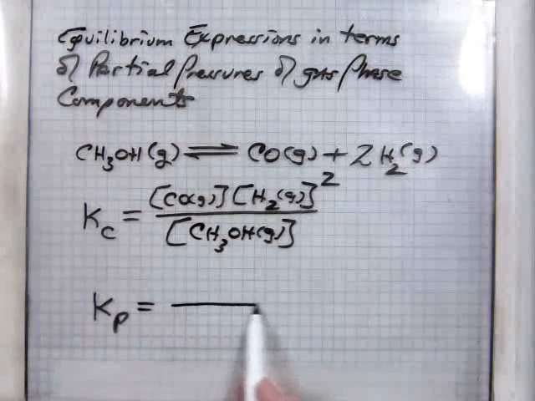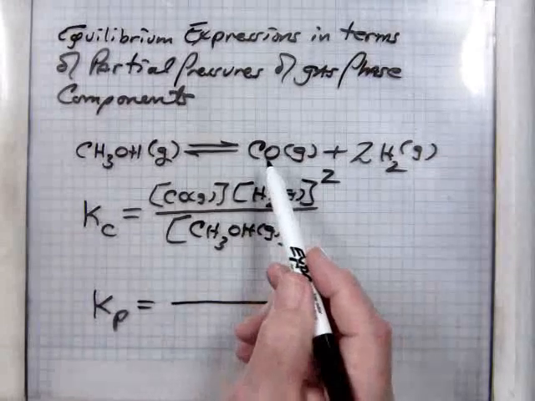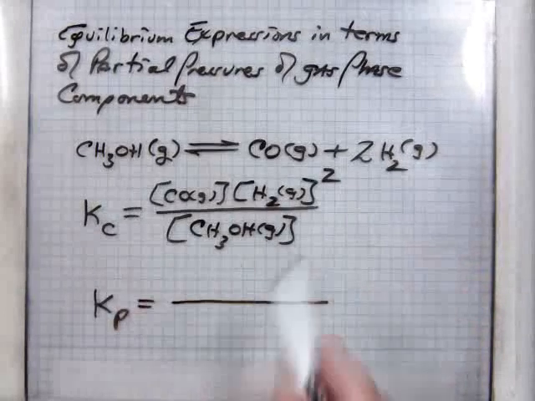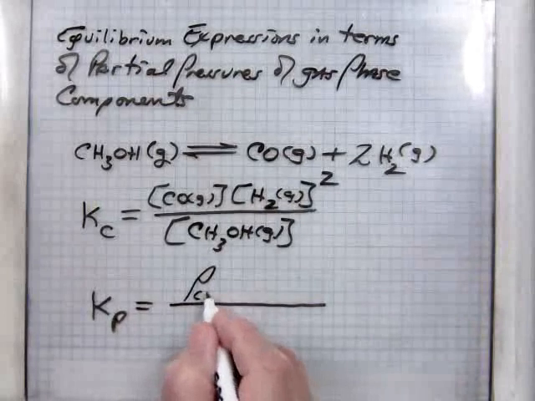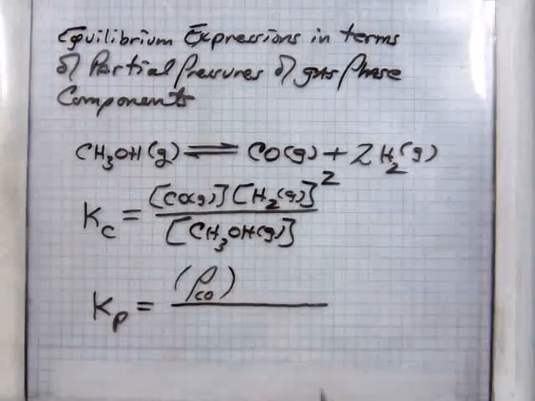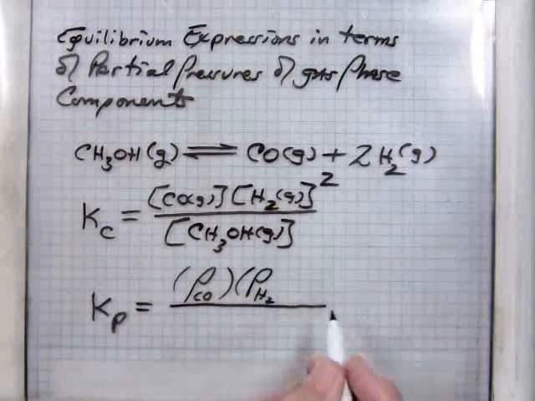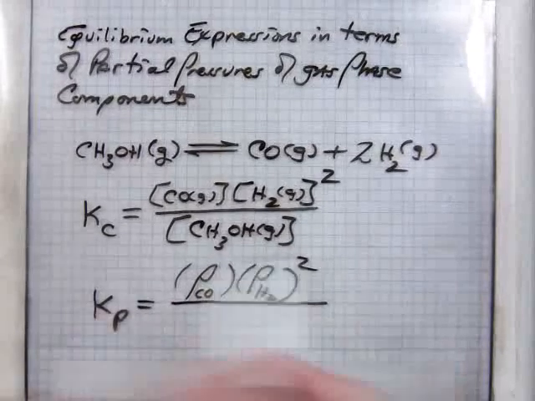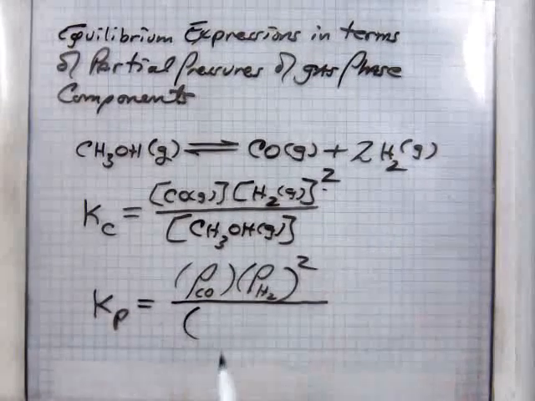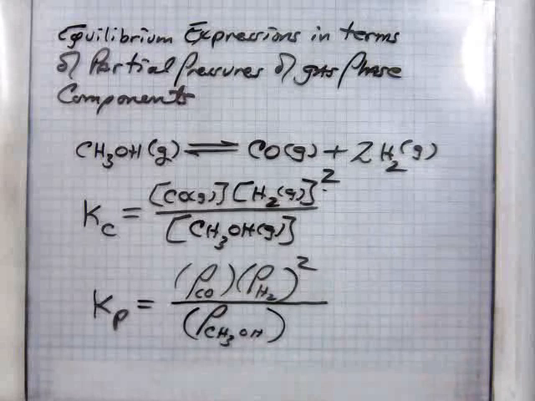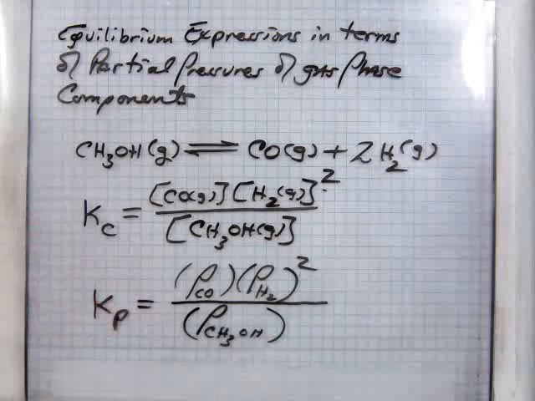So you would write partial pressure of CO in parentheses like that, and then partial pressure of H2 and square it just like you did up here, and then divided by the partial pressure of CH3OH to the first power. So those are the expressions. Now those are not equal except under one certain condition. I'll show you in just a second.